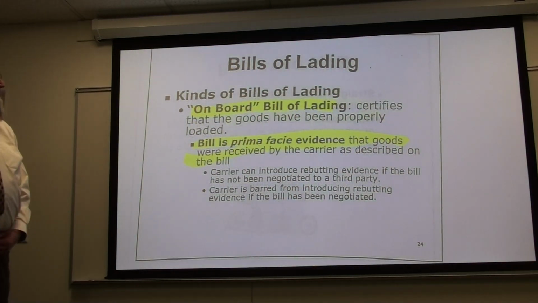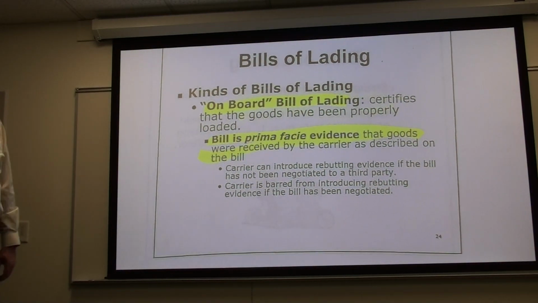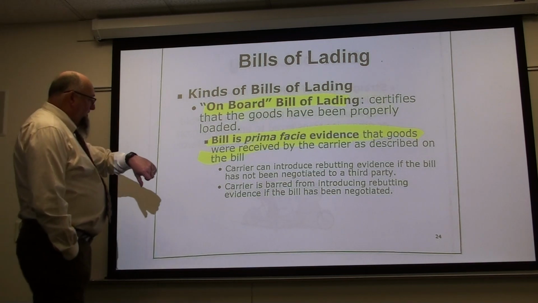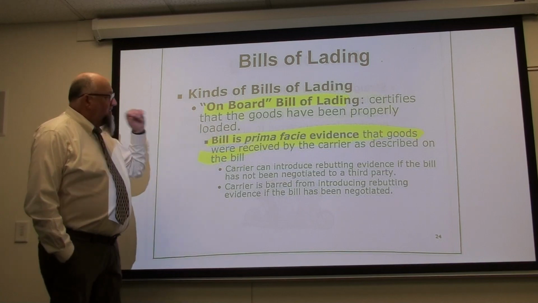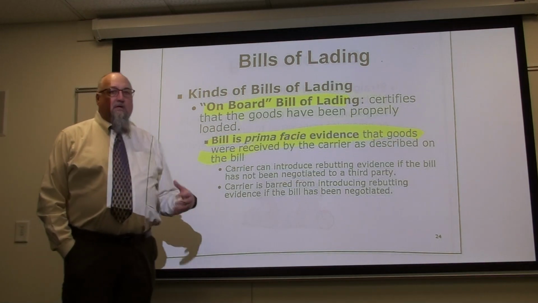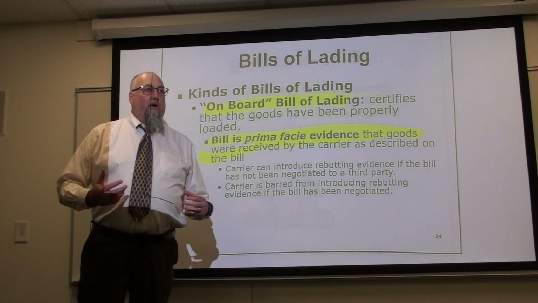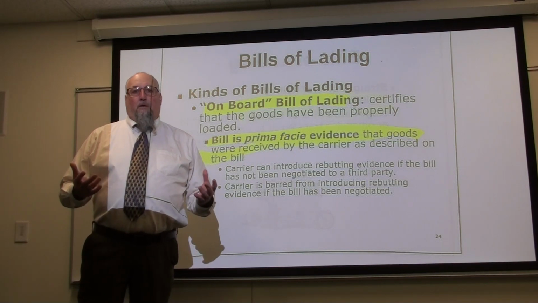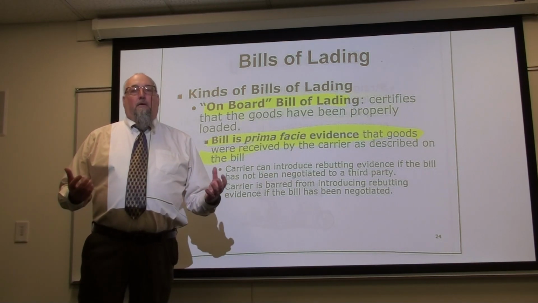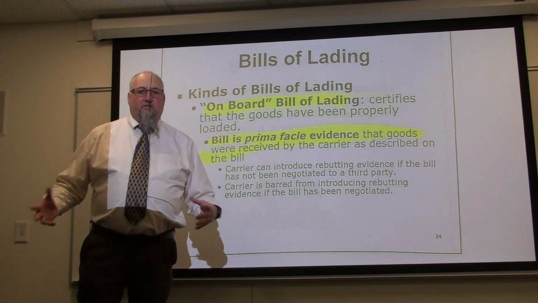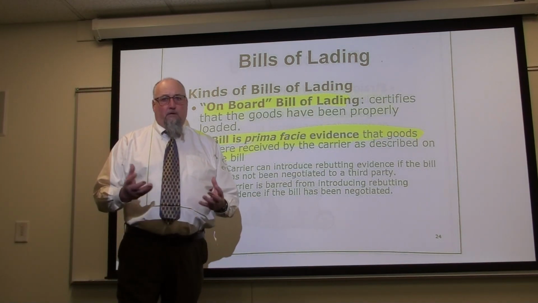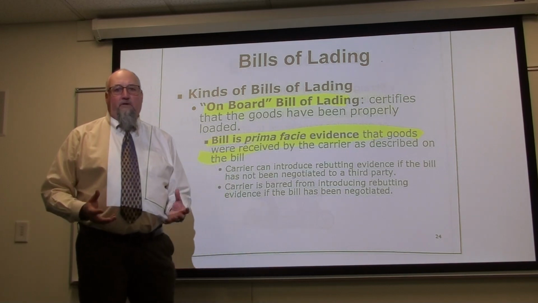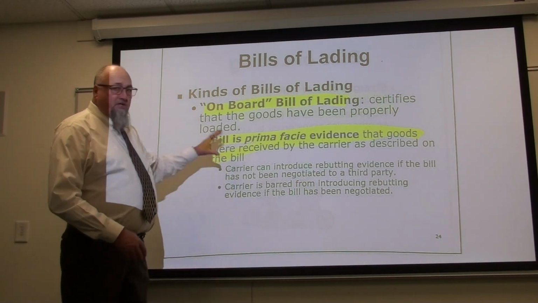Next slide down. A couple different terms. First of all, we have what's called an onboard bill of lading. So an onboard bill of lading is essentially a document where the shipping, loading, tie downs, securing the load, all of those components about shipping goods, and that'll depend on the situation, has occurred.